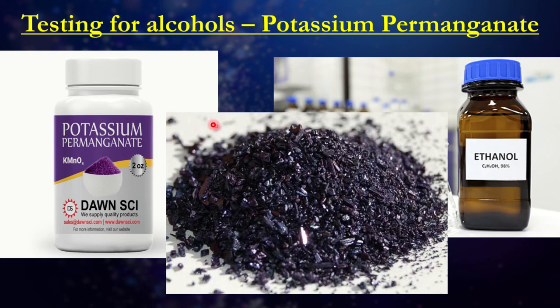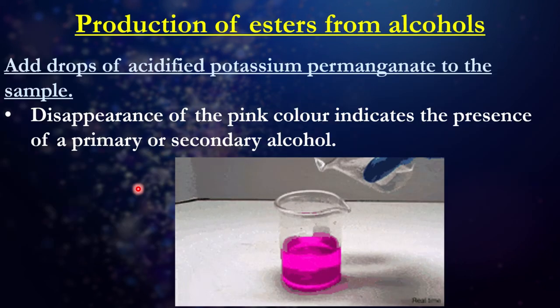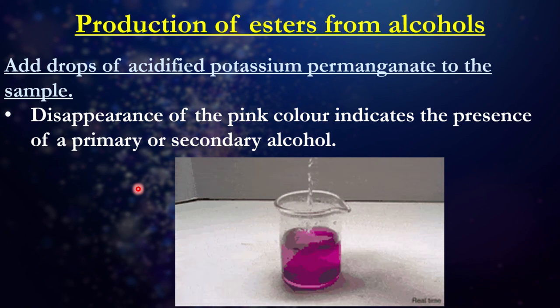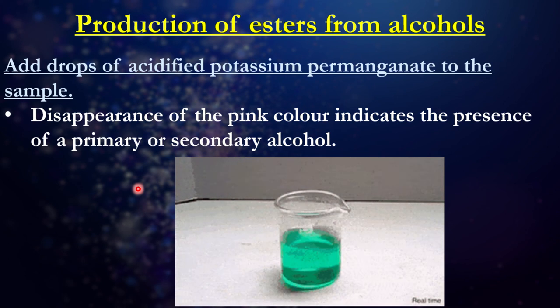The final one that we can talk about is the test for alcohols using potassium permanganate. Okay, so what we know is by adding drops of acidified potassium permanganate, so having a little acidic concentration there, we see a disappearance of a pink color indicating the presence of a primary or secondary alcohol there.